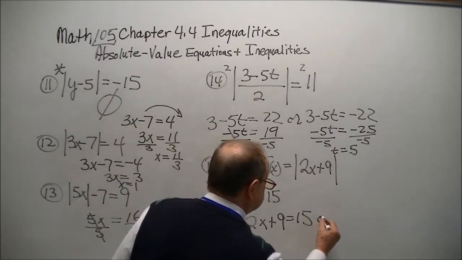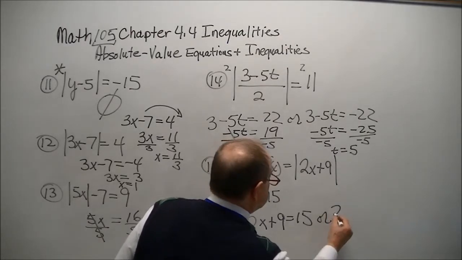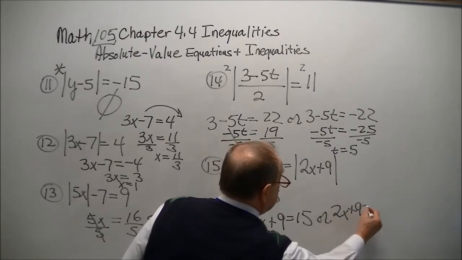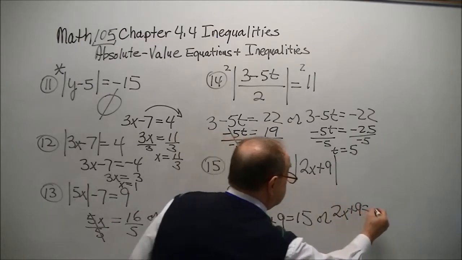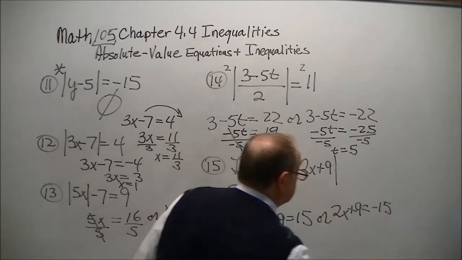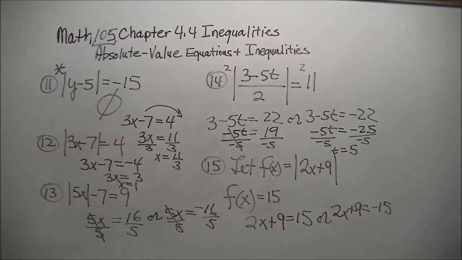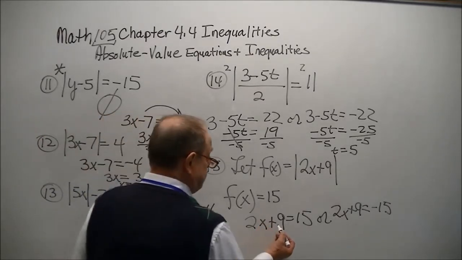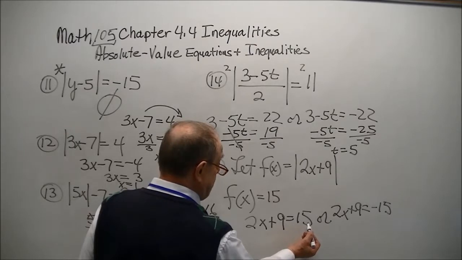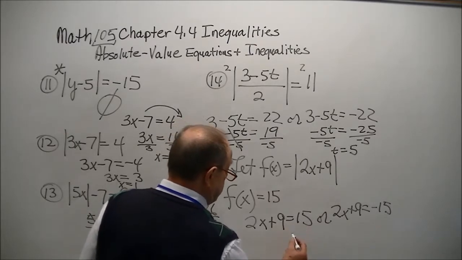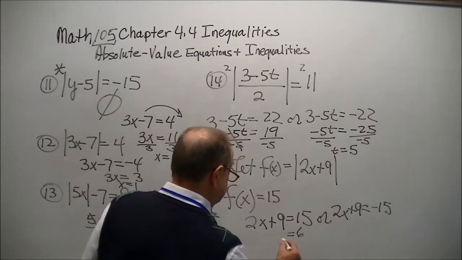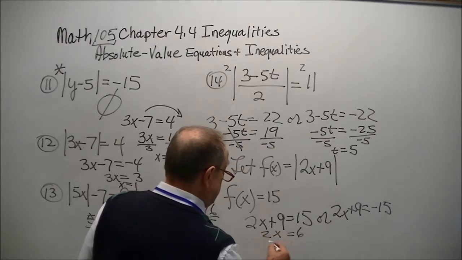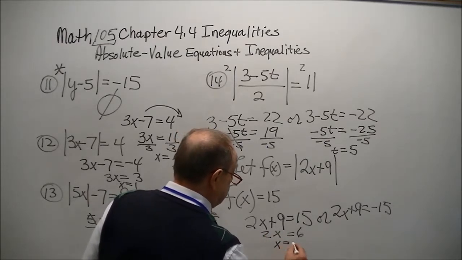Or 2x plus 9 equals a negative 15. I'm going to just check that we're still in here. Yep. So here we're going to subtract 9 from both sides. And this gives us a 6. And it gives us x equals 3.